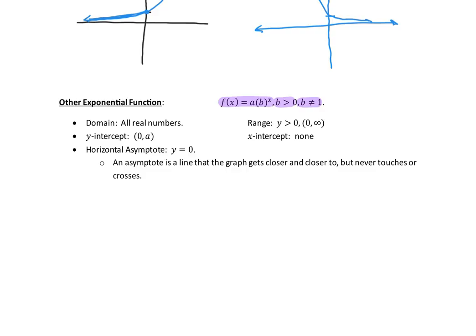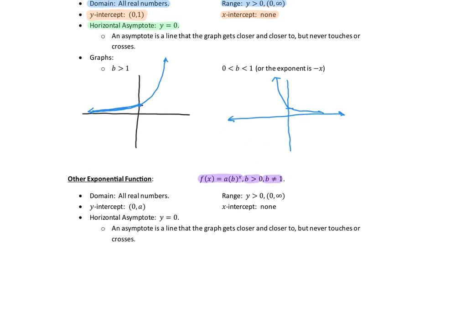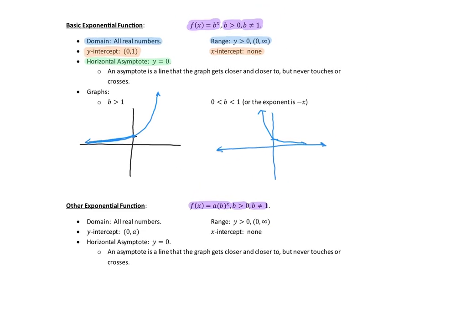And if you look at this, basically we still have the same things as we had before. We still have a domain of all real numbers. We still have a range of 0 to infinity exclusive. We still have no x-intercepts.